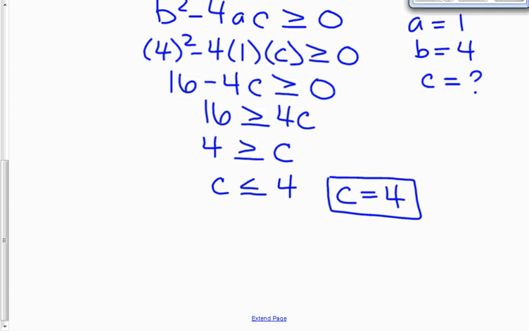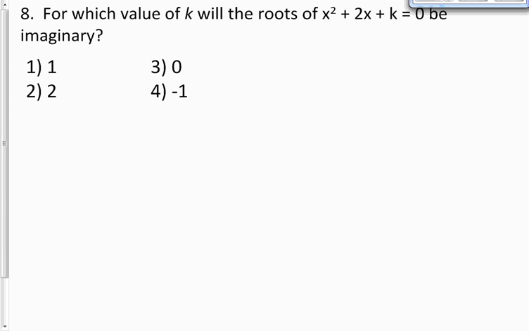So for our last problem, they're asking us for which value of k will the roots of x squared plus 2x plus k equal 0 be imaginary. So in order for the roots to be imaginary, the discriminant needs to be less than 0. That means our b squared minus 4ac needs to be less than 0. So we can list our a as 1, b is 2, and c, again, we're not sure.